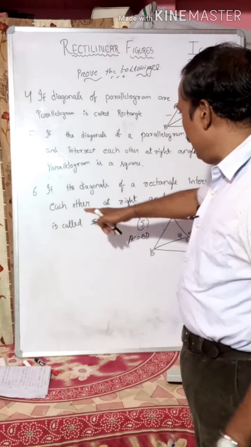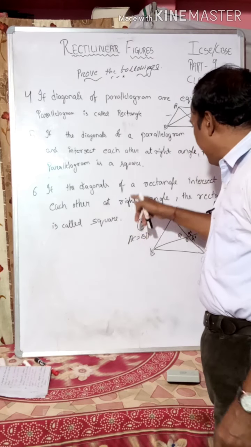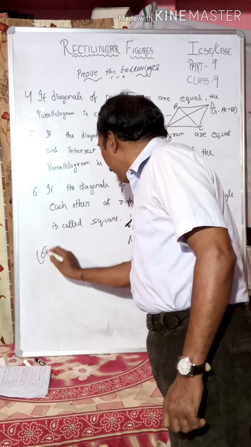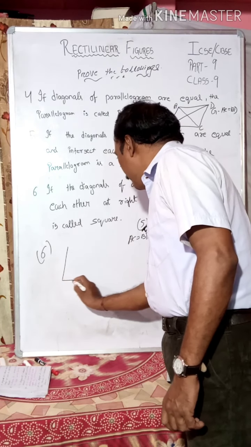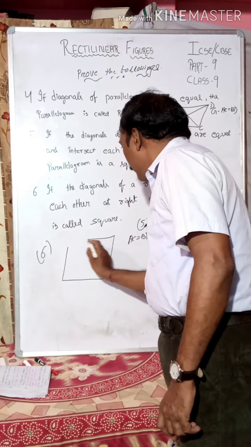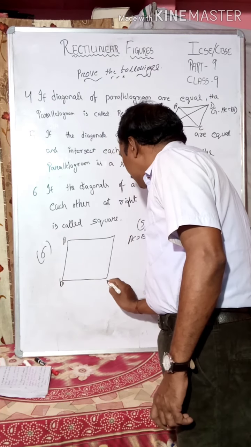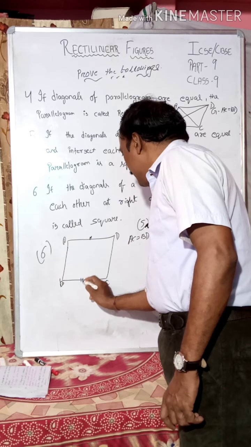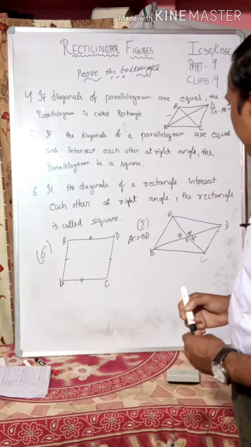Then next, statement 6: if the diagonals of a rectangle intersect each other at a right angle, then it is a square. This is a rectangle ABCD, opposite sides are equal, each angle is 90 degree.